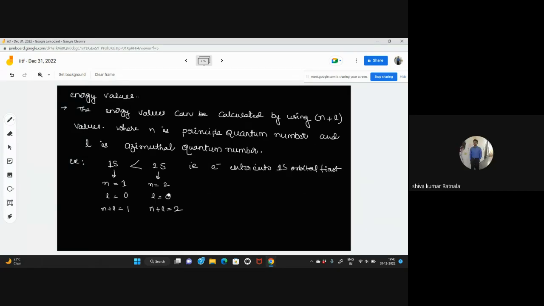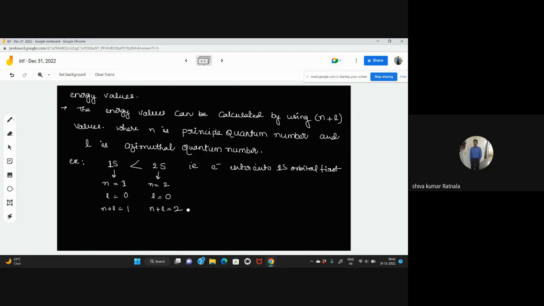Sir, in the second one, 2s, L is equal to 1, no, sir? How L equal to 1? What does L indicate? L indicates the type of orbital, s, p, d.